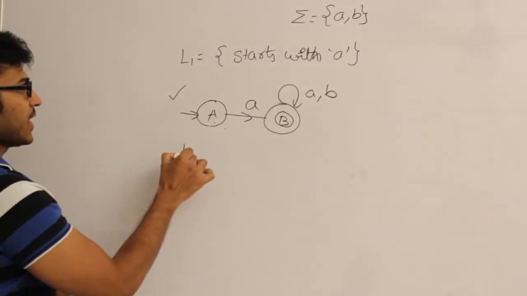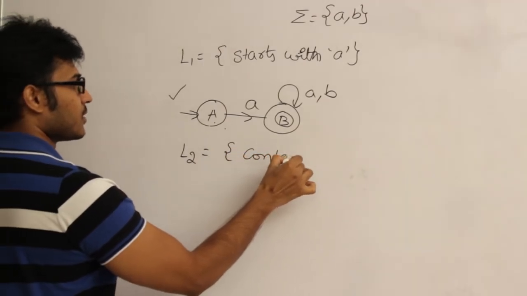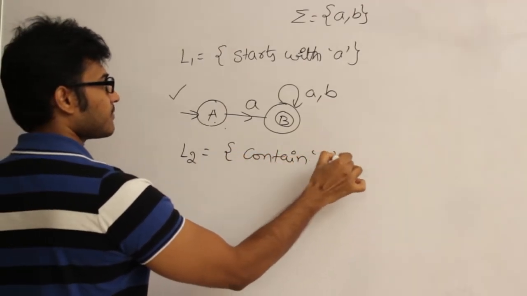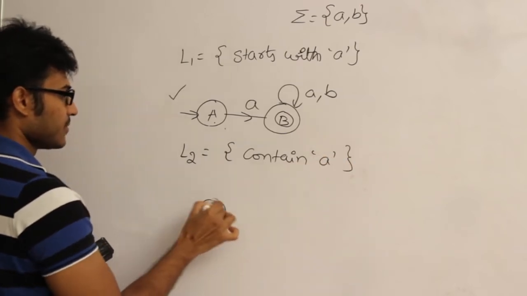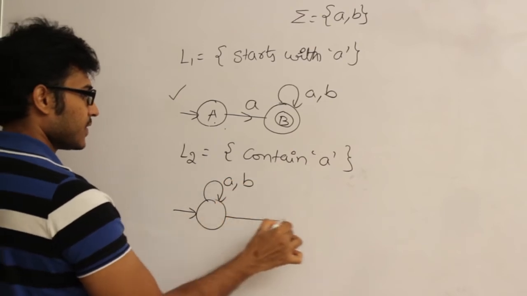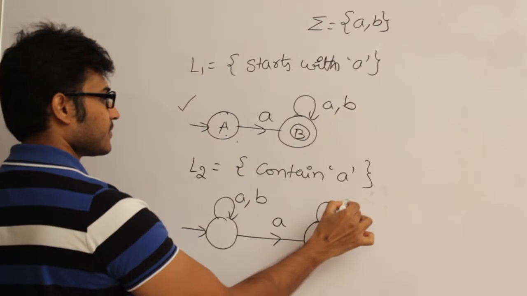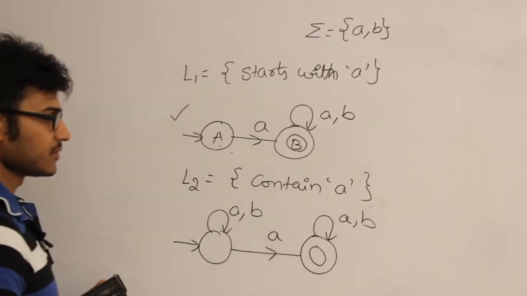Now let us say I had to accept the set of all strings containing A. So the NFA is very simple. I don't care what happens in the beginning. If I see A, it means containing A, and then I'll accept it. Simple.